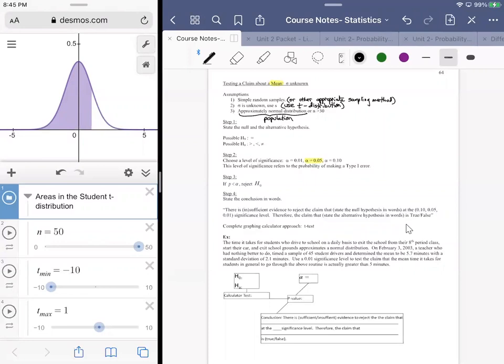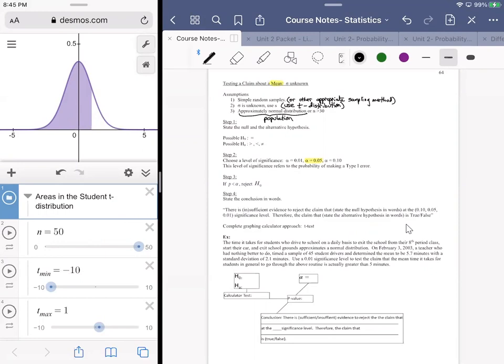Even though the grammar might be a little iffy, it follows the correct logic and therefore will be correct. Right? So that's the importance of following this templated response.